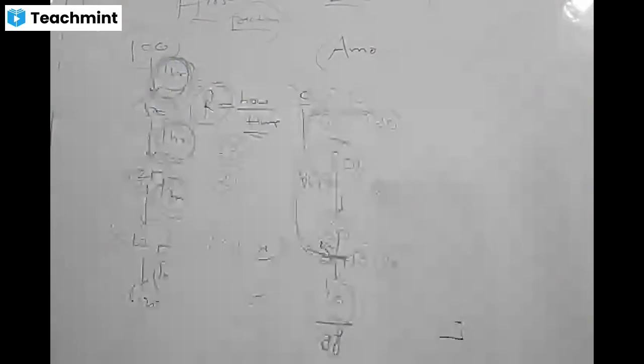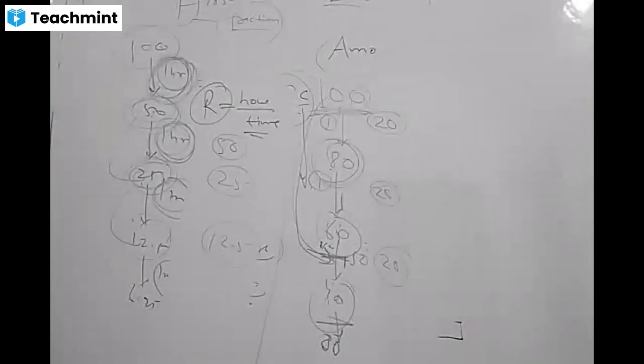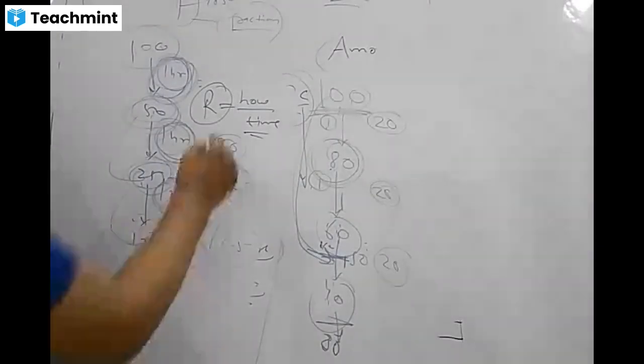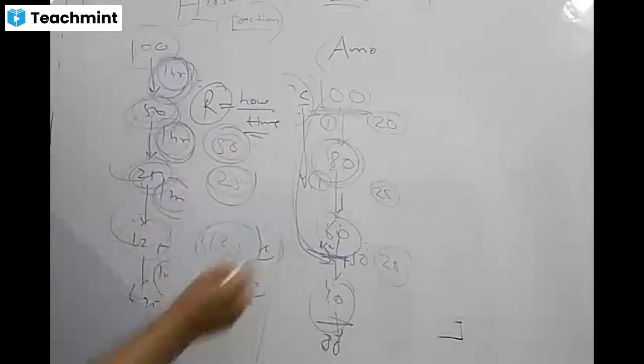Clearance is a hypothetical concept, and it tells you the rate of elimination divided by plasma concentration. Take 50, 25, 12.5.